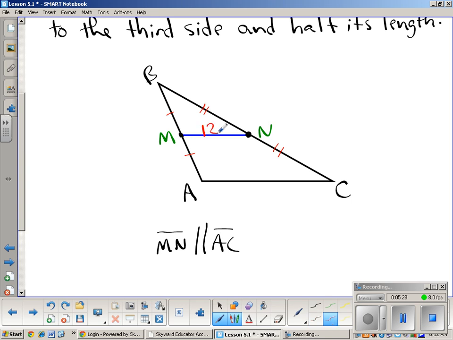Then AC is 24. Okay, that means then that AC, no symbol, means what? The distance from A to C. Okay, AC then is going to be 2 times 12 long, which is 24. So this length here is always half as long as this length here, as long as these are the midpoints.